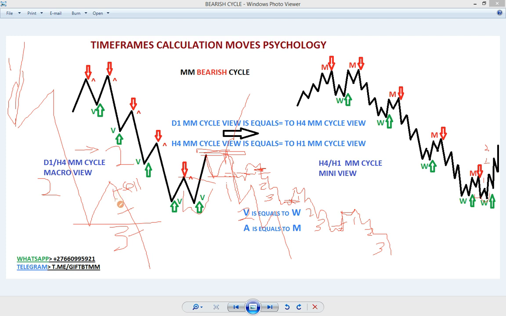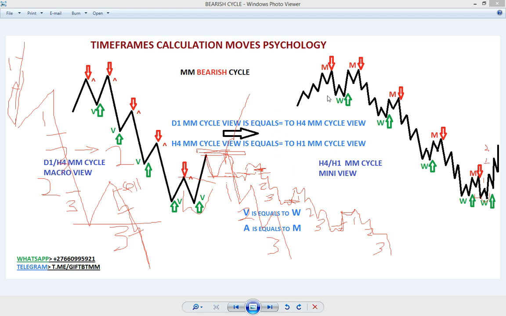You're going to see 1, 2, 3 weeks of drop. See, even here there were 3 weeks of drop. Even here it was 3 weeks of drop. To calculate the time frame is very important, because it gives you a light to know where you are going.